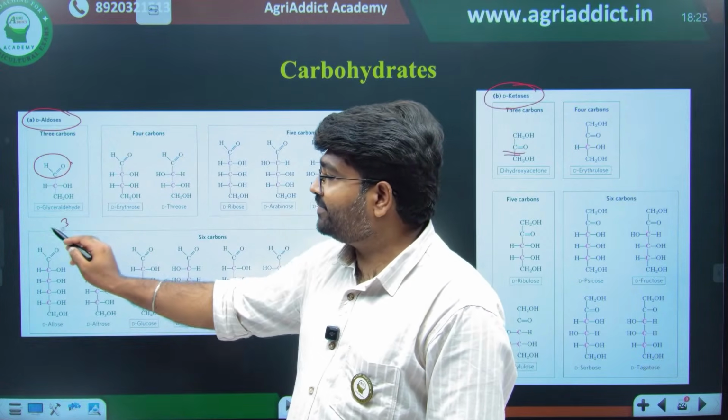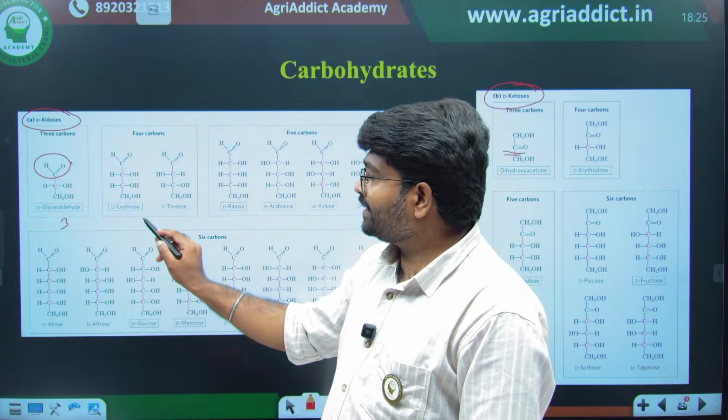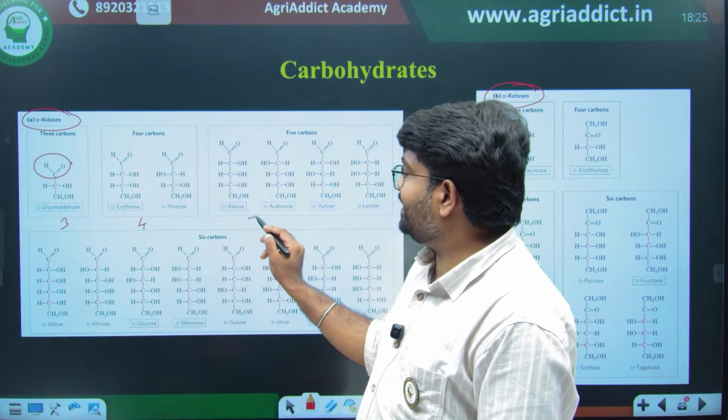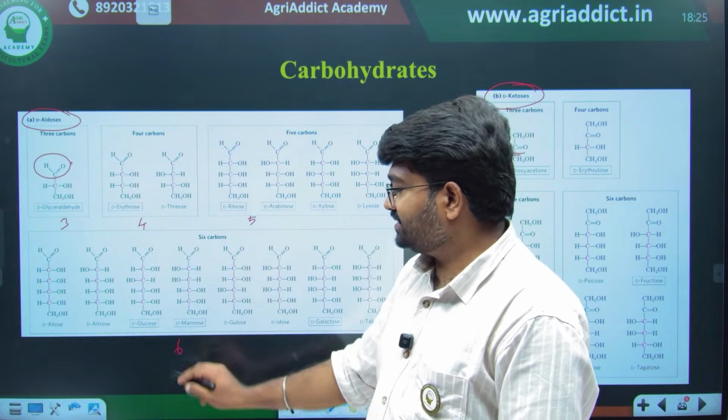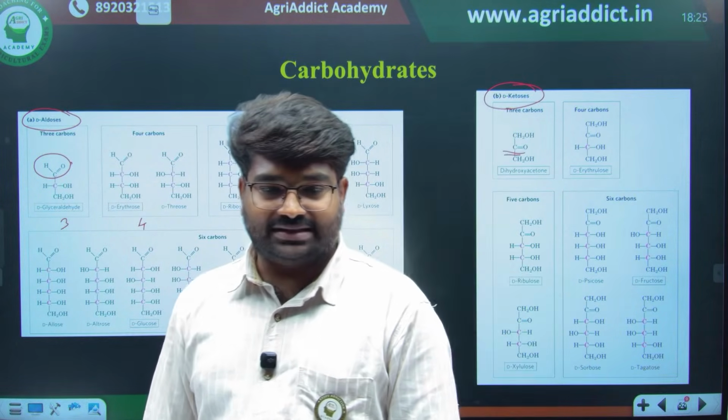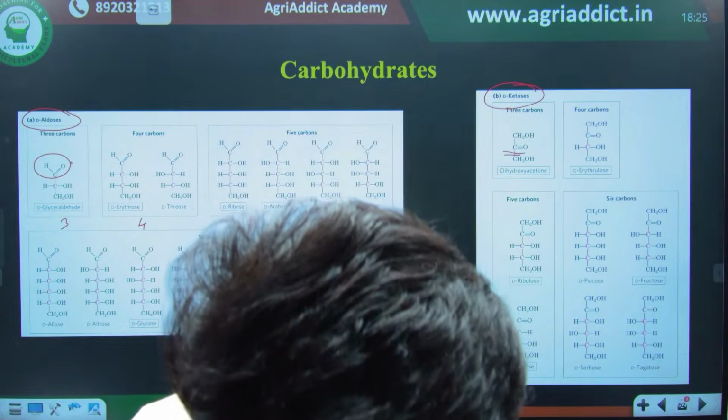Trioses means 3 carbon atoms, tetroses means 4, pentoses means 5, hexoses means 6. Like this they have classified based on the number of carbon atoms.